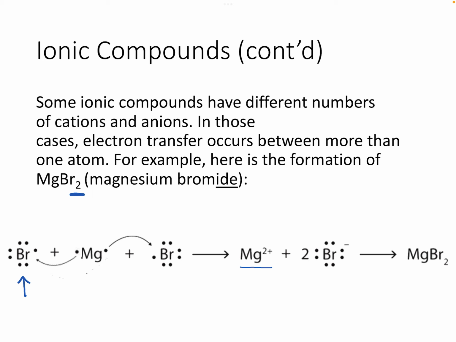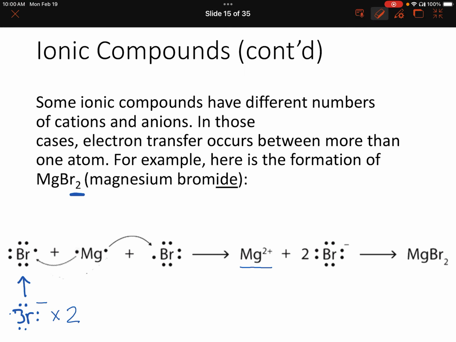So this bromine, if it gains 1 electron, will become Br minus, and again it will have those 8 valence electrons. But again, Br minus and Mg2 plus aren't going to match, right? In order for that 2+ charge to be matched, we need 2 of these Br minus ions.